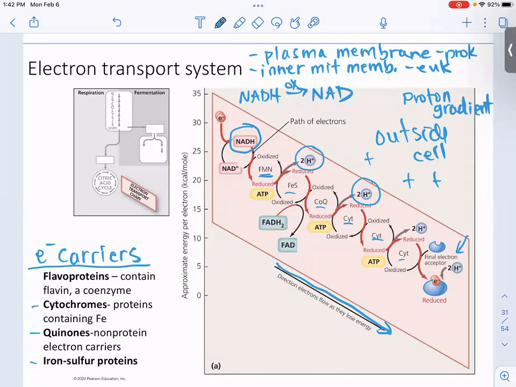You'll see that FADH2 drops its electrons off a little bit further down the hill, not quite at the same spot.